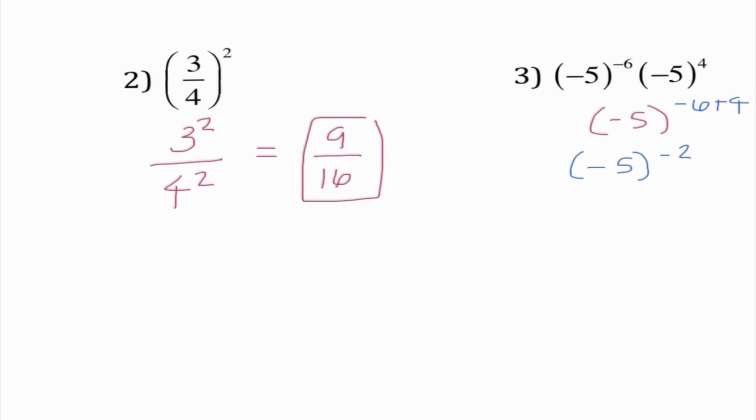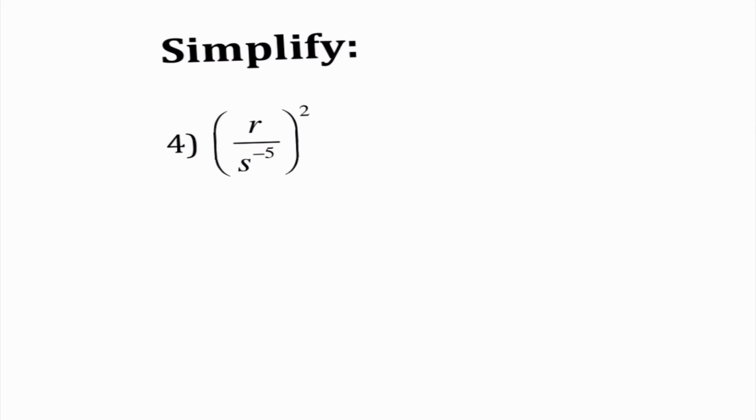I know that I cannot have a negative exponent in my answer, so I have to make this 1 over -5 squared. Notice -5 is still in parentheses here, which makes a difference because when I simplify this further, the quantity -5 squared is 25. So I get 1 over 25 as our answer.